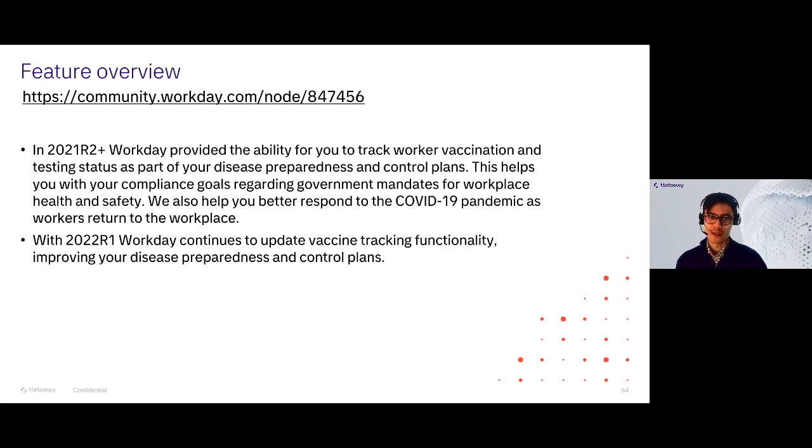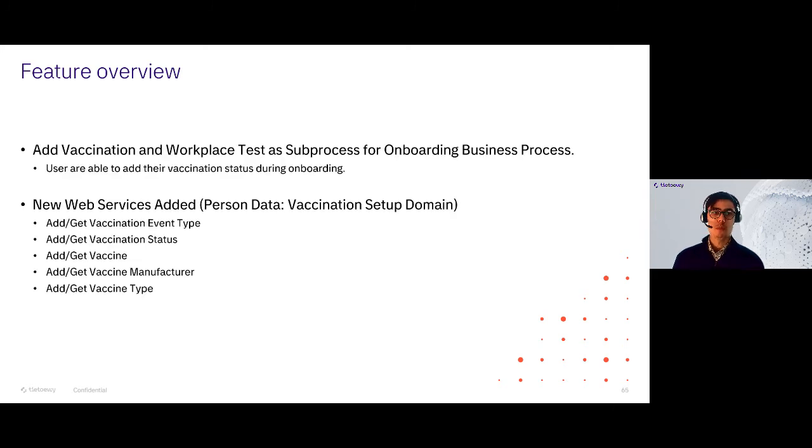The updates include vaccine tracking and the whole disease preparedness and control plans in general. And to cover the latest changes, it's now possible to add vaccination and workplace test as a sub-process for the onboarding business process.